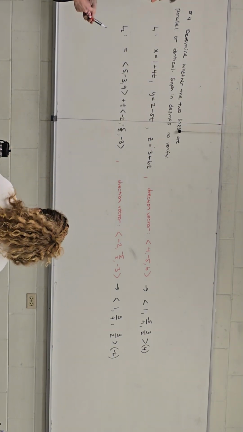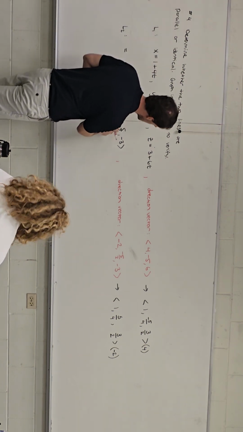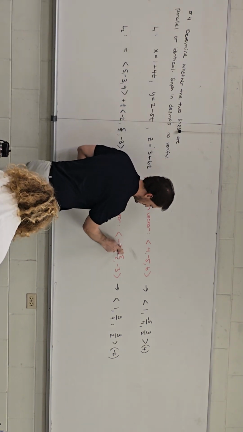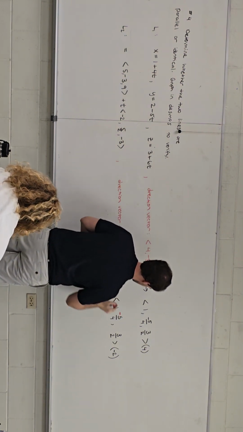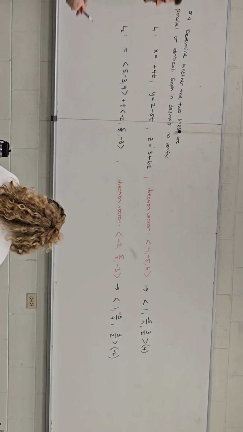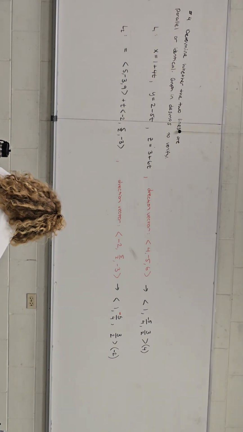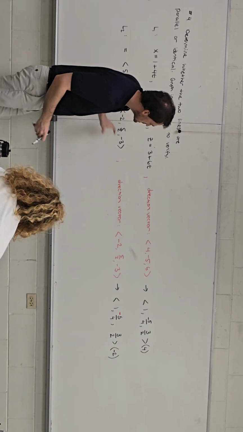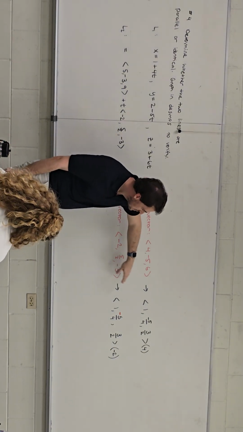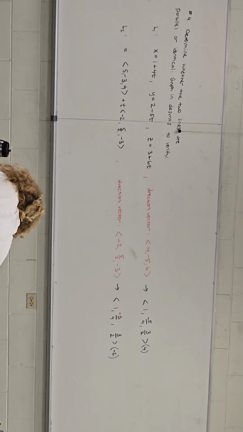Change the original problem to a positive 5/2 here. The reason I'm doing this is here the direction vectors would be different, so they're neither parallel nor the same line, but that's not interesting. If we change it here, now I have the same direction vector, so they're definitely parallel.